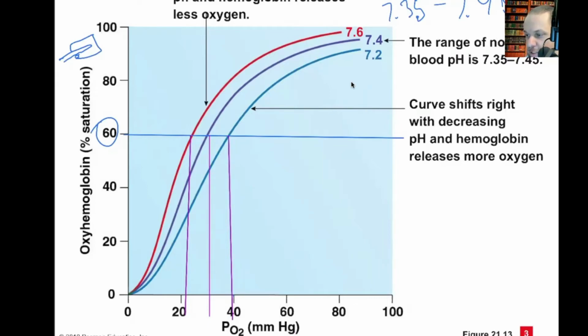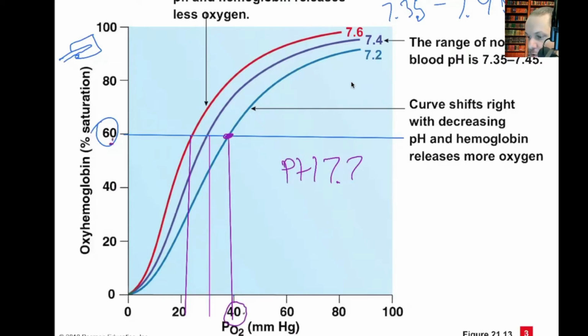If I want to see at what pH it gives out the most amount of oxygen, you notice that for this graph, at a pH of 7.2, I've got to get a partial pressure of 40 to get saturations of 60.